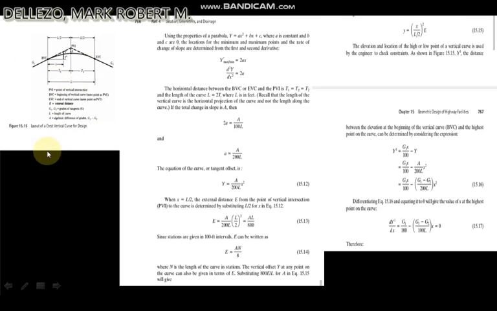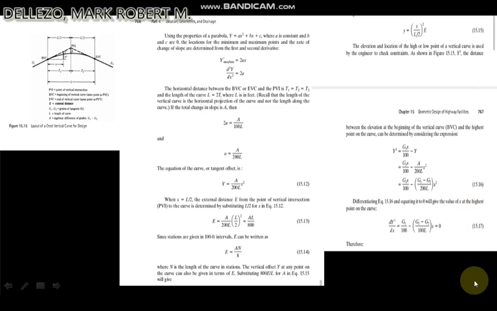All of these are in the book. Then there are the guides for us to solve any problem. So we just follow these steps step by step.